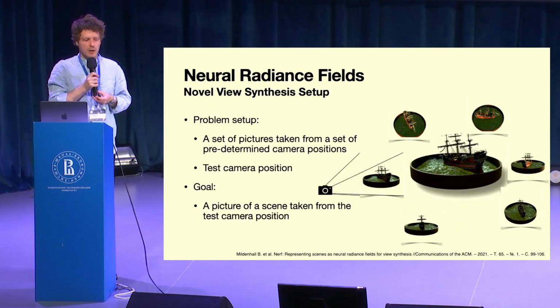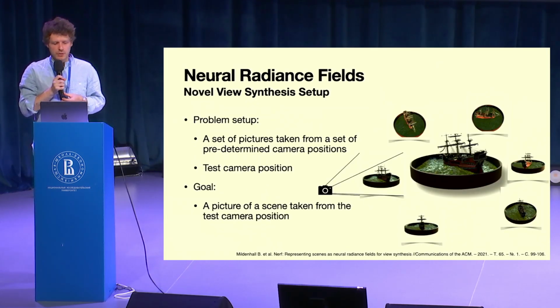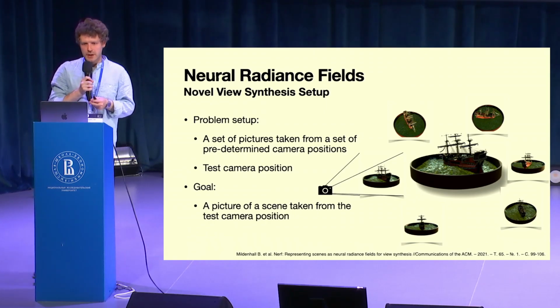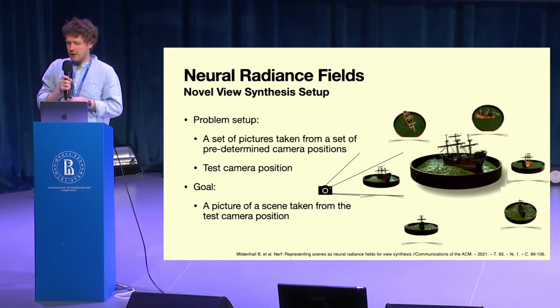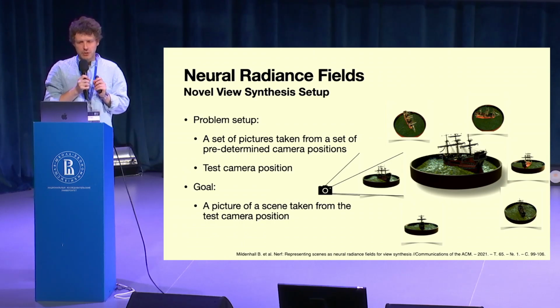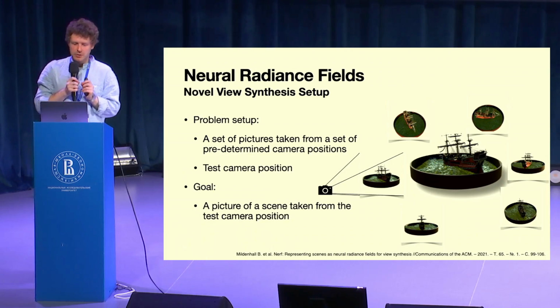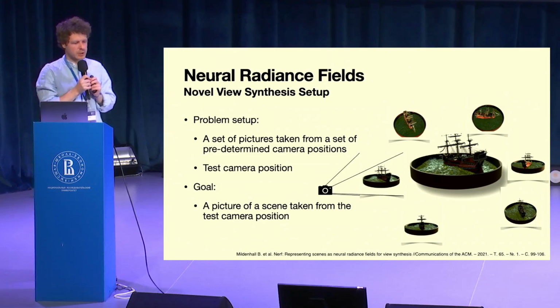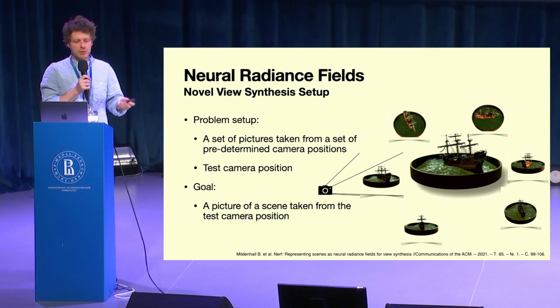Okay, so first of all, I'll tell you about the problem setup, and there's a thing to be careful about in this setup. I will talk about it. So the task we're going to discuss from now on is called novel view synthesis.